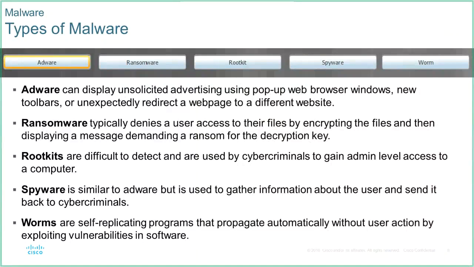Spyware is like adware, but it's there to gather information about the machine and its users and send that back out to the orchestrator. And worms are like Trojans. They're self-replicating and do not need any assistance from users to propagate through the system.